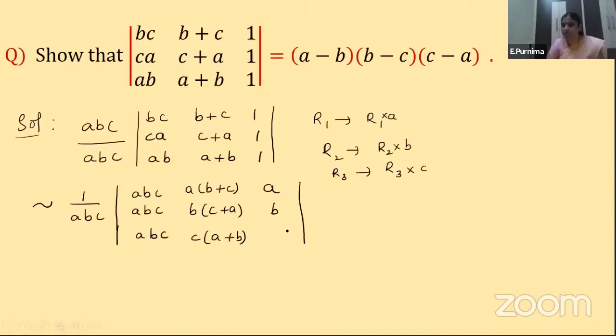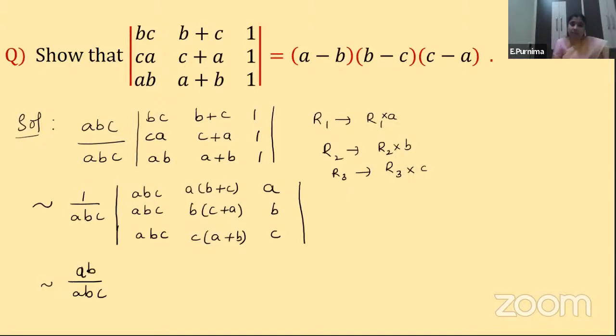Now this is similar to 1 by ABC into the determinant in which ABC, ABC, ABC appear in the first column, so ABC is common. I am taking ABC outside as a whole term, not as an individual scalar.